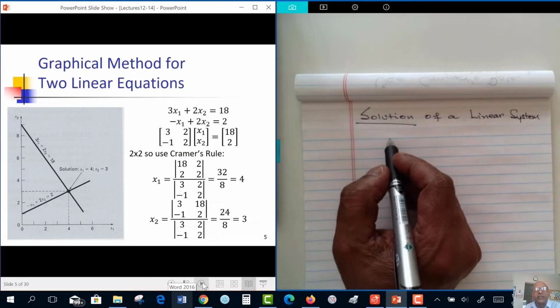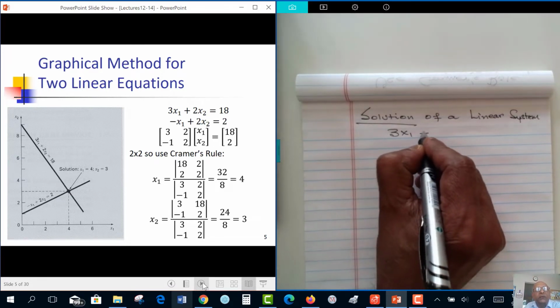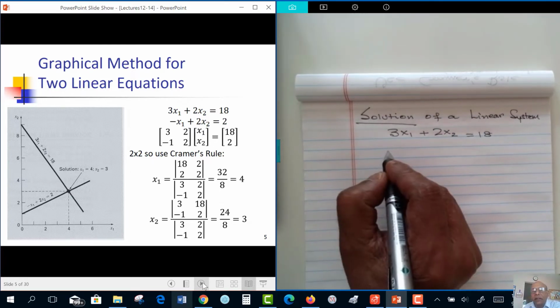Consider, for instance, two equations and two unknowns. 3x1 plus 2x2 is equal to 18.